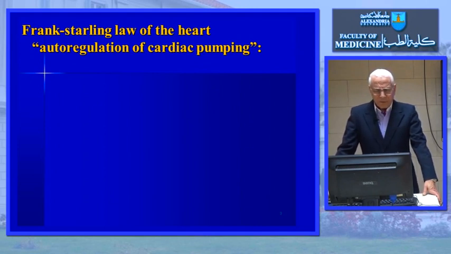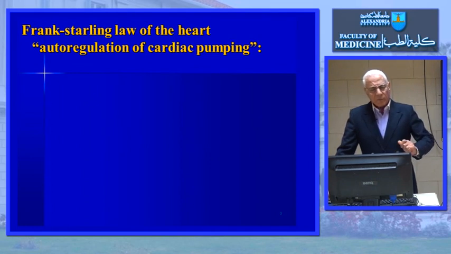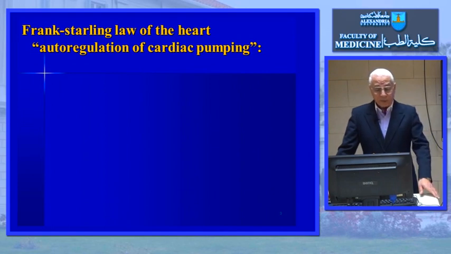End diastolic volume means the volume of the ventricle by the end of diastole. The more blood in the ventricle in diastole, the more the ventricular fiber is stretched, so more end diastolic volume means longer initial fiber length and a stronger contraction.